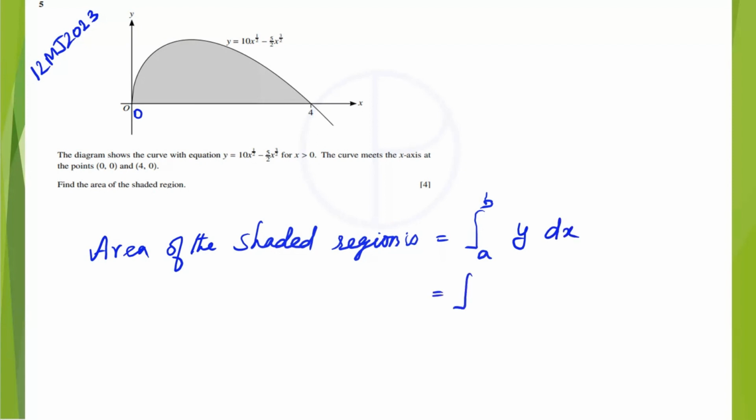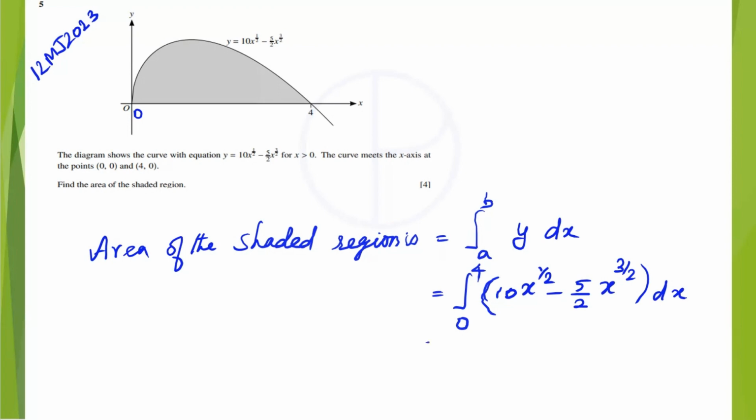So the limit is 0 to 4 and y is 10 x power 1 over 2 minus 5 over 2 x power 3 over 2, multiplied by dx.